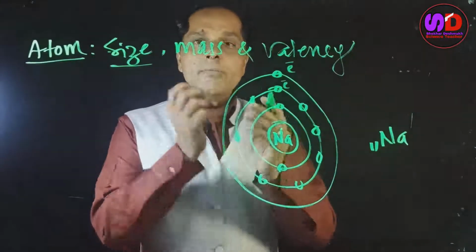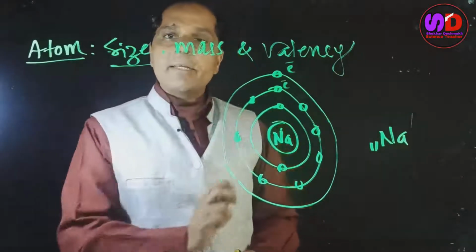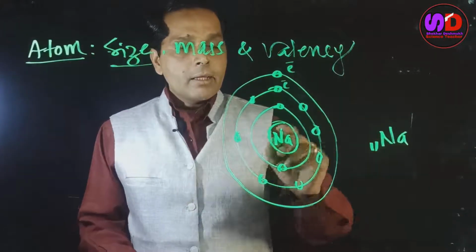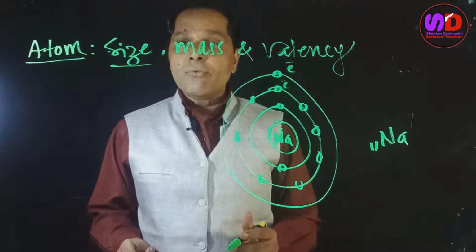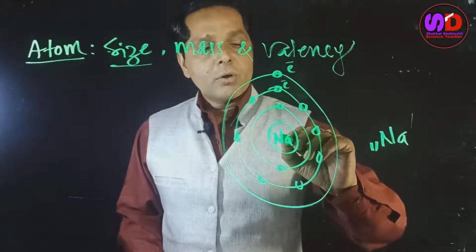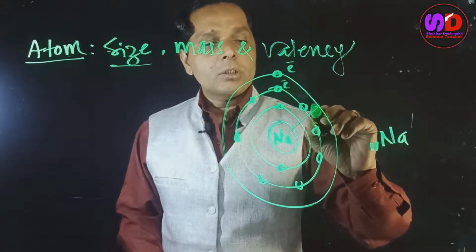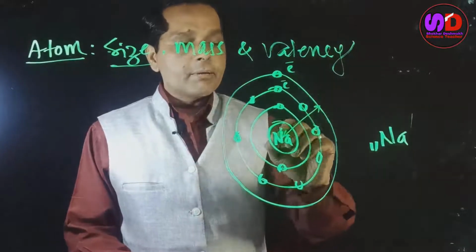So how is the size of this atom determined? Actually, the size of an atom is determined by its radius. And what is meant by the radius of an atom? Radius is nothing but the distance between the nucleus and the outermost shell or outermost orbit.